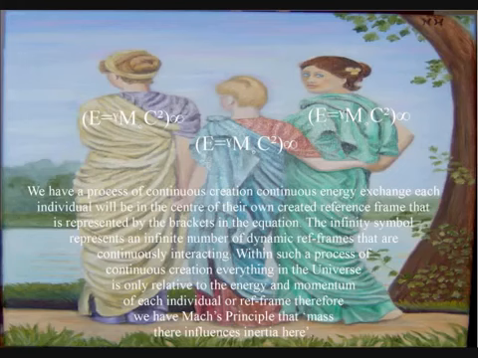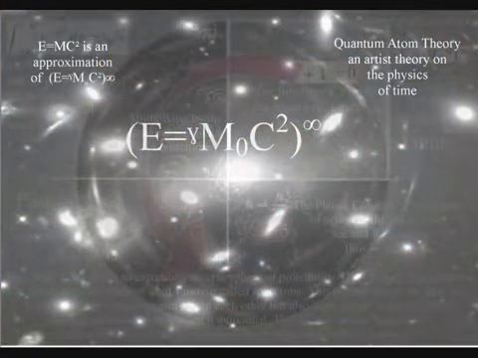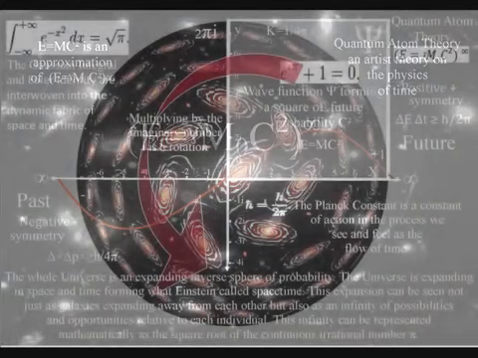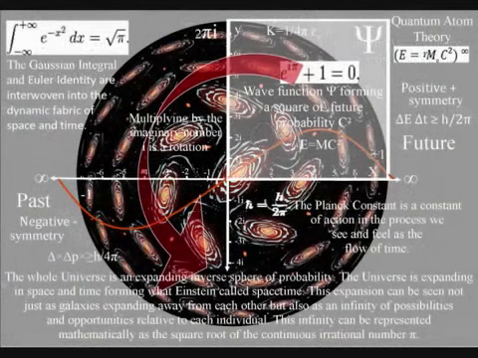This is formed by the surface area of the sphere that forms a two-dimensional boundary condition. The infinity symbol represents the whole universe as an infinite number of dynamic reference frames that are continuously interacting, forming the uncertainty of everyday life.